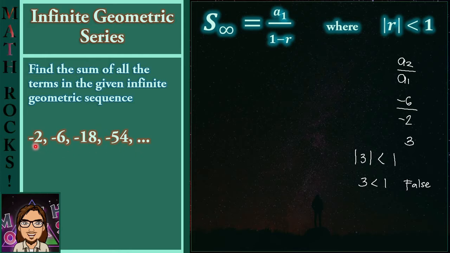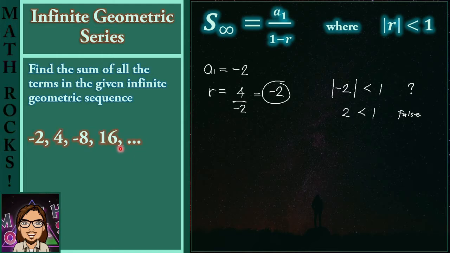If you take a look at the absolute values of the terms in this infinite geometric sequence, you may notice that the terms with respect to the absolute values are actually increasing. And once we go back to the first example here, that gives us the same situation.